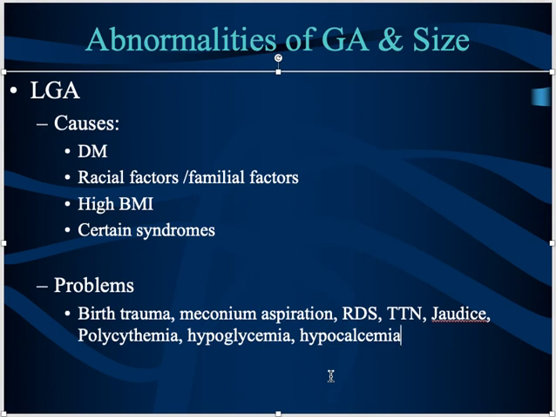So that's all about the babies, large for gestational age and small for gestational age. We are discussing this because in the next lecture, what we will start discussing is what happens when the baby is born, and what we do right after birth.